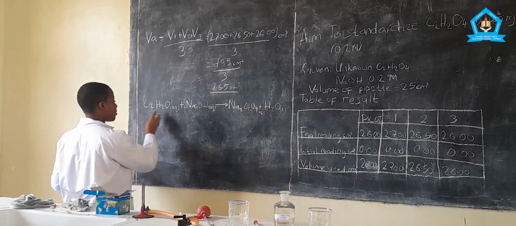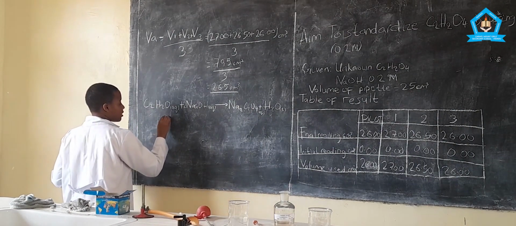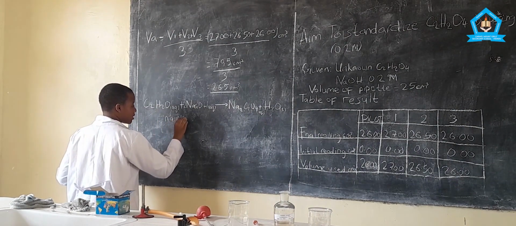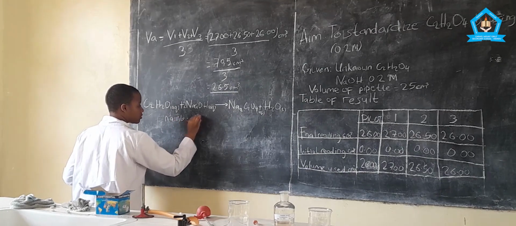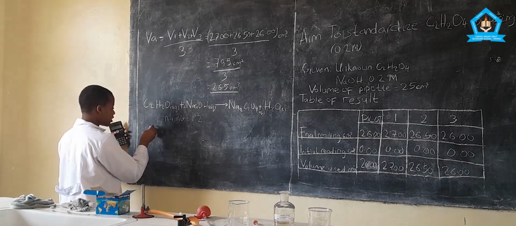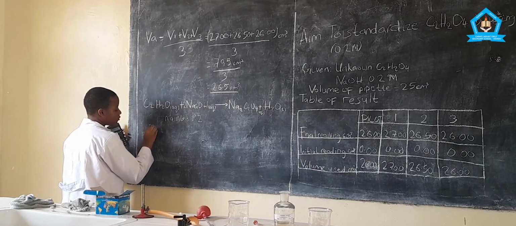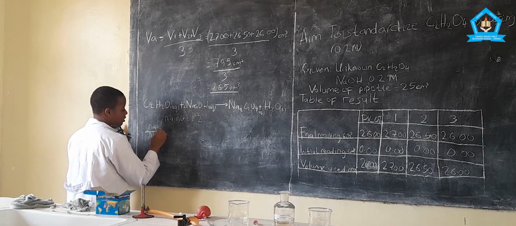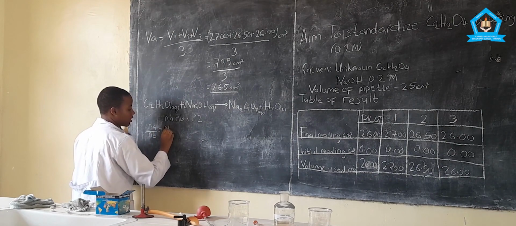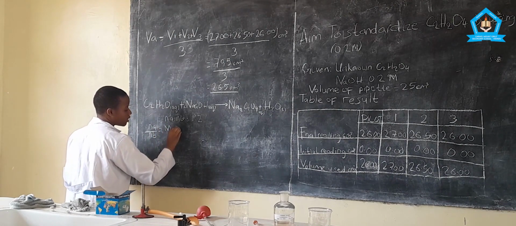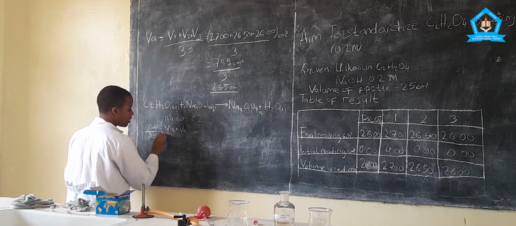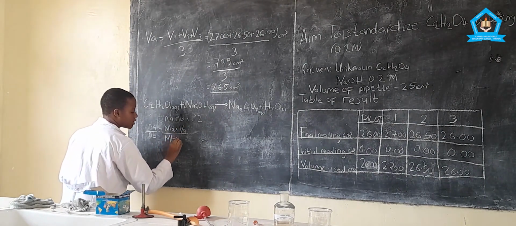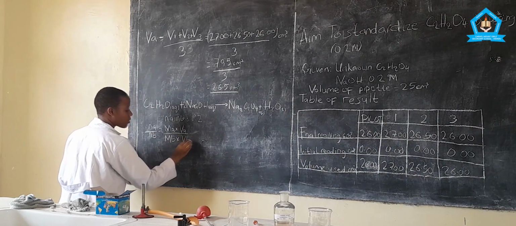From our chemical equation, the ratio of number of moles of acid to number of moles of base is 1:2. From our titration formula, number of moles of acid divided by number of moles of base is equal to the product of molarity of acid and volume of acid divided by the product of molarity of base and volume of base.